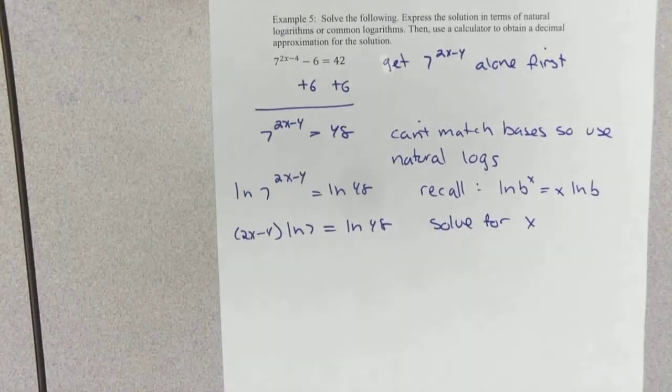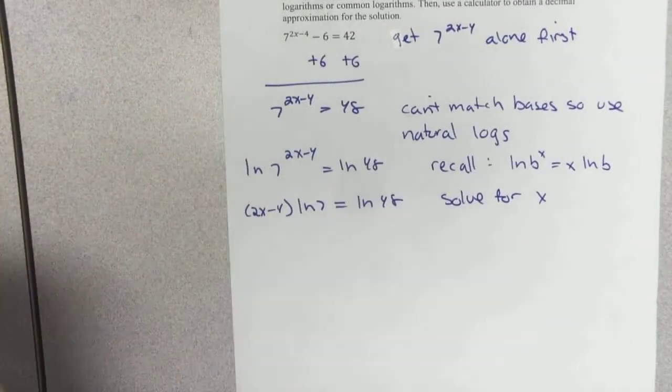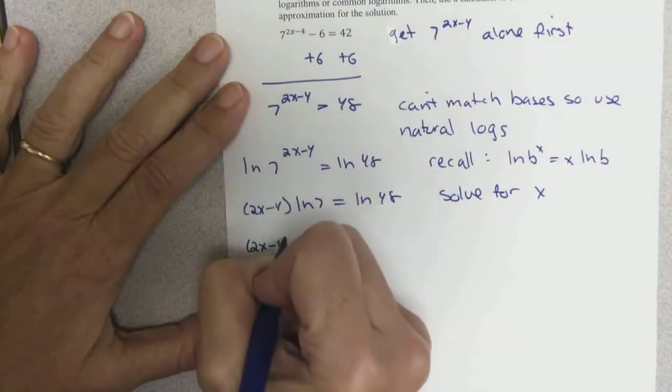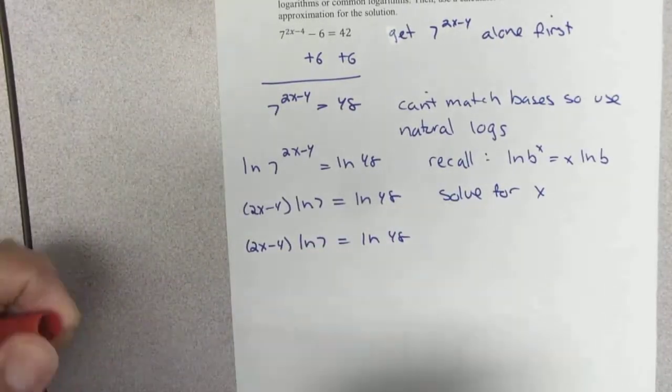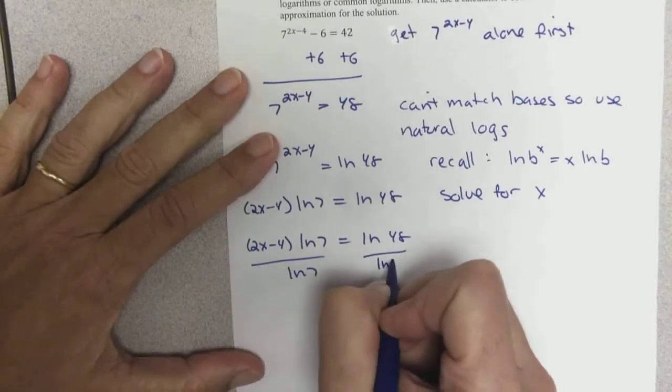There's more than one way to do this. But to me, the easiest way I see here is to divide both sides by that natural log of 7.